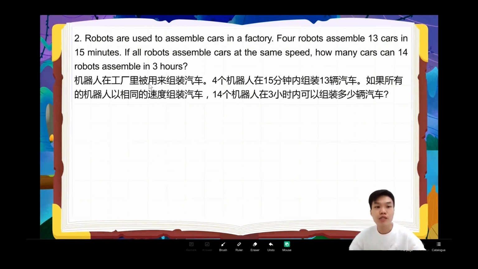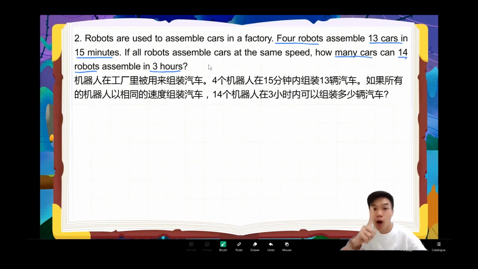Robots are used to assemble cars in a factory. 4 robots assemble 13 cars in 15 minutes. If all robots assemble cars at the same speed, how many cars can 14 robots assemble in 3 hours?